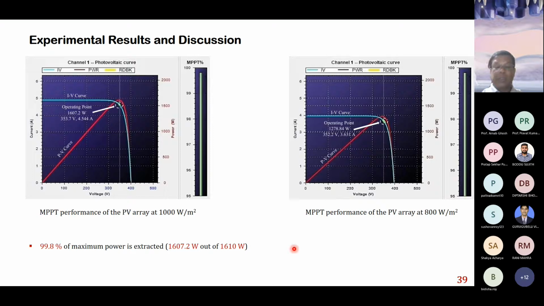So therefore the efficiency is more than 99%.